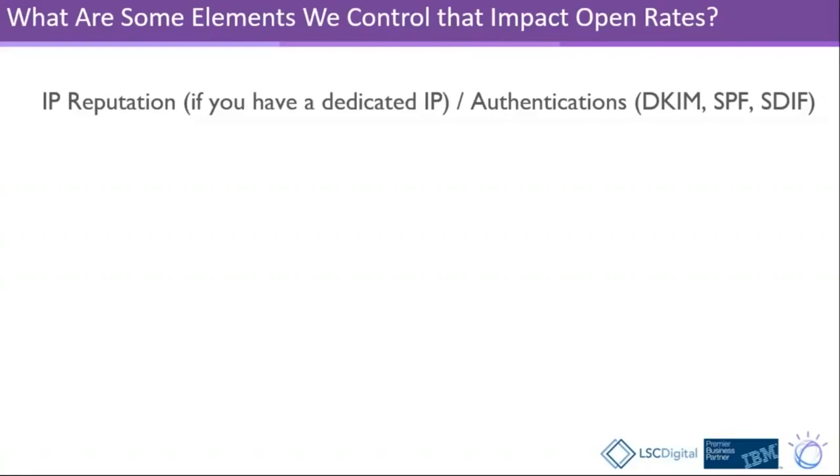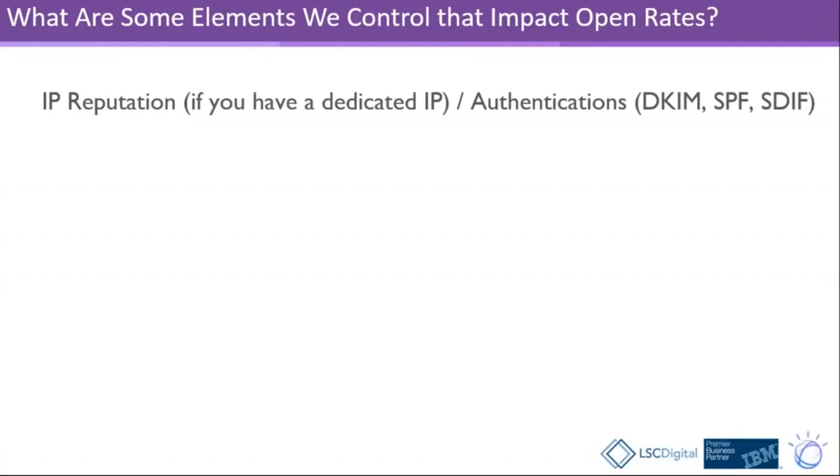Now, the flip side of that is if you're not on a dedicated IP and you're on a shared IP. A lot of times if you're using any off-the-shelf email deployment solution, I'm not going to name them, typically you're sharing those IPs with multiple companies. And that's typically why those companies, especially when you first start using them, are so strict about your hard bounce rates and your delivery rates.